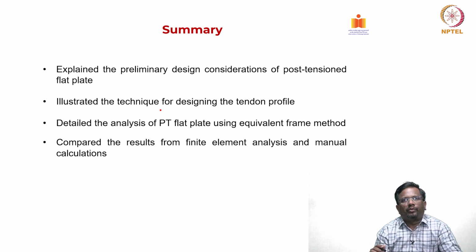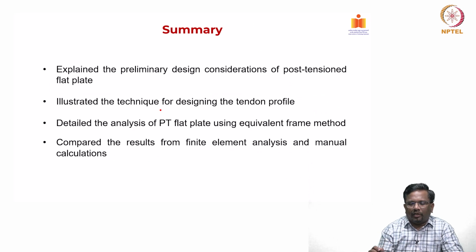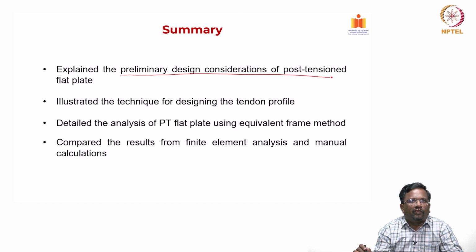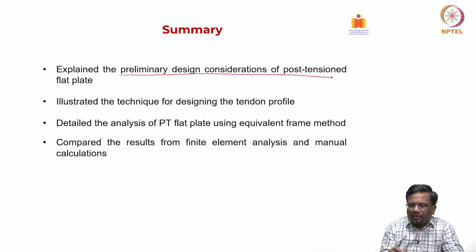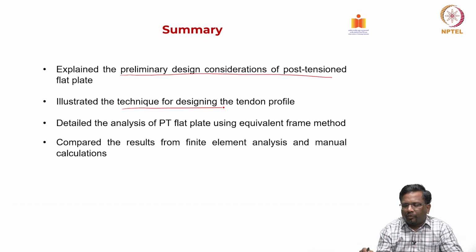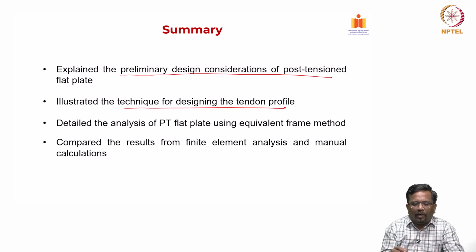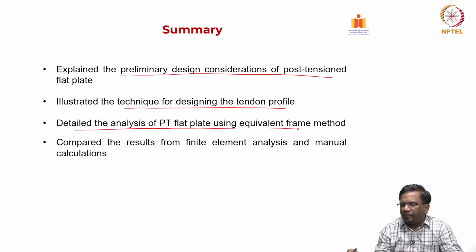Okay. So, now quickly let us summarize. In this part of the module, we have explained the preliminary design considerations for post-tension flat plate, and we illustrated the technique for designing the tendon profile using some simple manual calculations, right. And we went through detailed analysis of flat plate using equivalent frame method.